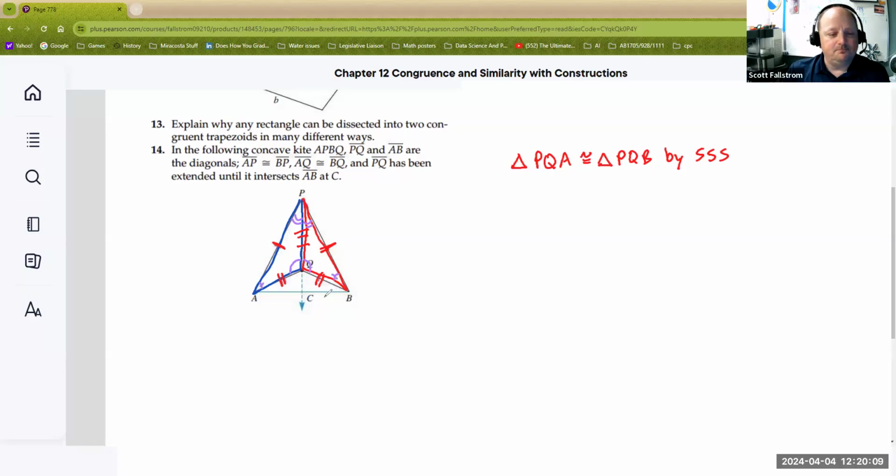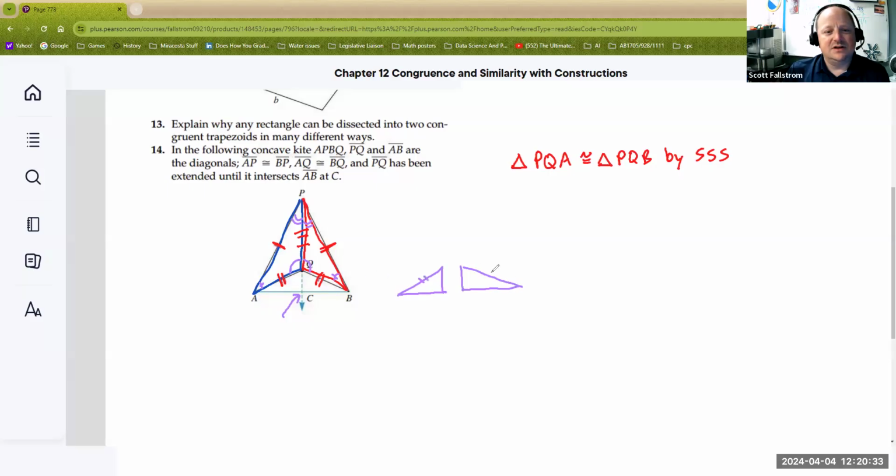Now, when I come down to the bottom, the issue it looks like is I'm trying to show perpendicular down here, which means I actually need AQC and BQC to be congruent triangles. Okay, so let's draw them separately. Again, as I said in class, it's sometimes easier to draw them separately so you can see the components.